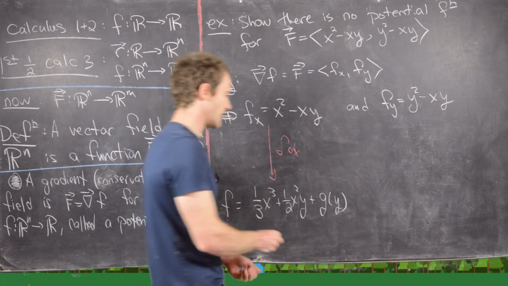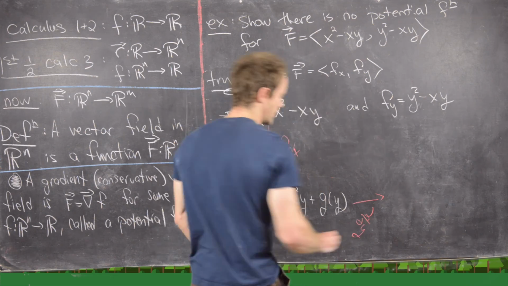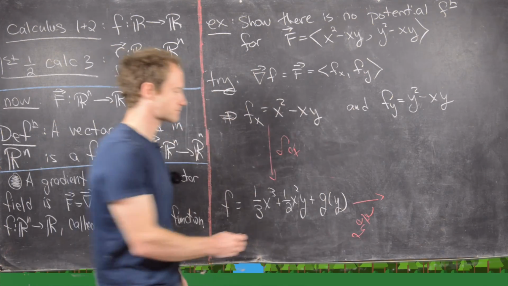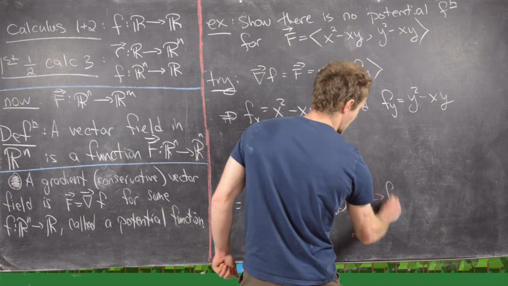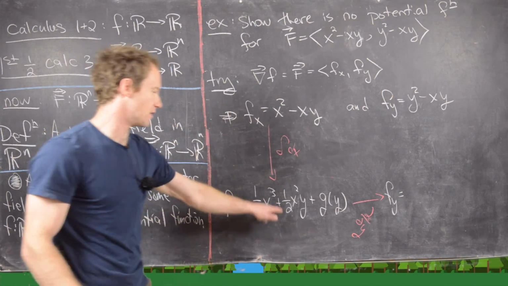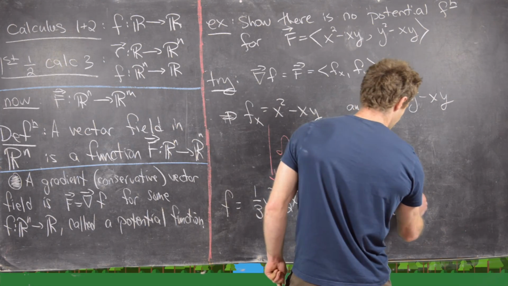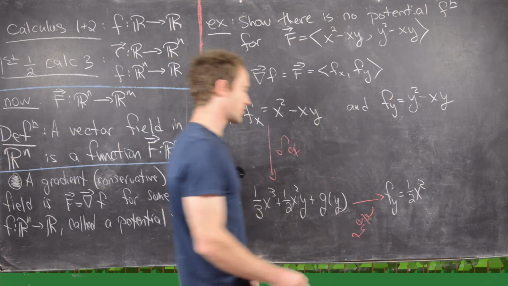Great. Now I'm going to take the partial derivative of this with respect to y. So that's going to create f sub y equals, so that's going to give me 0. That's going to give me 1/2 x squared, and then that's going to give me g prime of y.